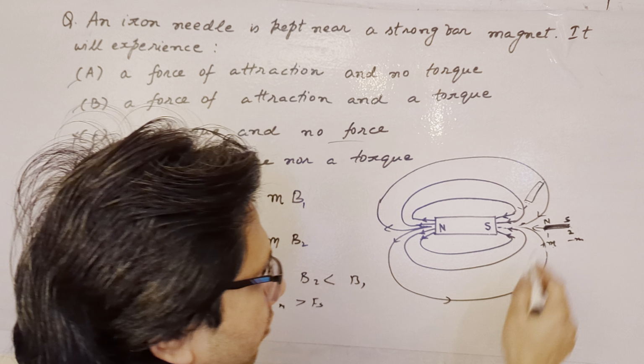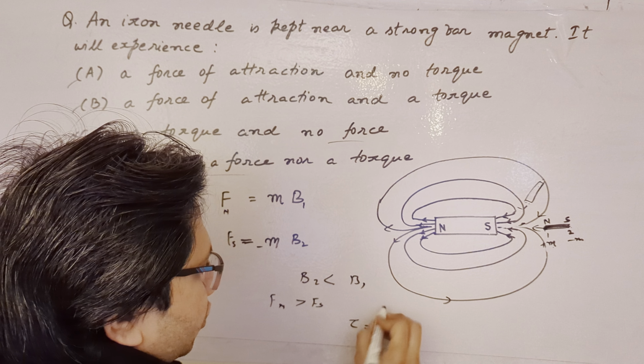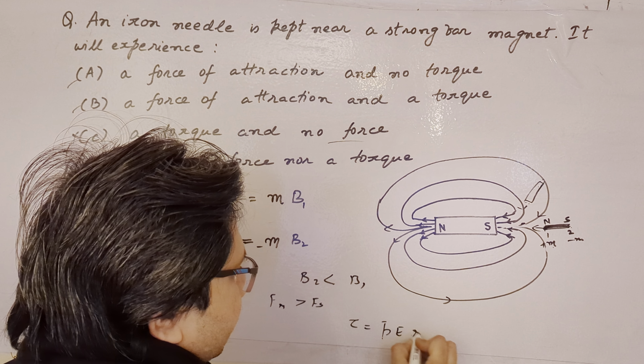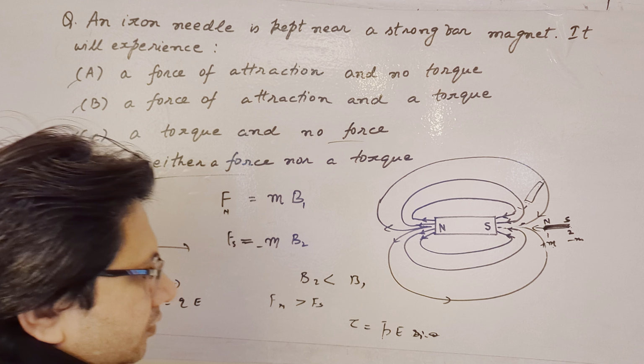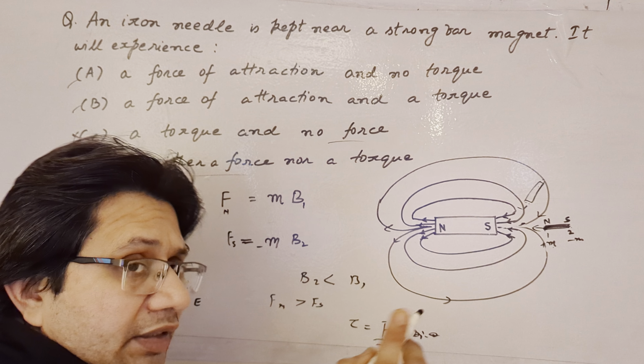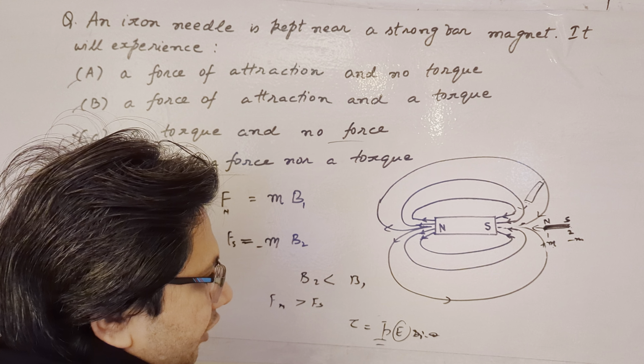Now let us focus on the torque, whether there is a torque or not on this needle. As we have studied in electrostatics, torque equals p E sine theta, or we can say p cross E, where p is the dipole moment vector and E is the electric field.